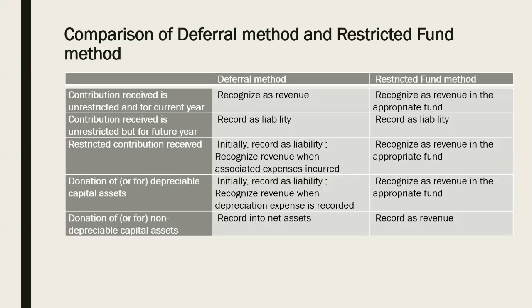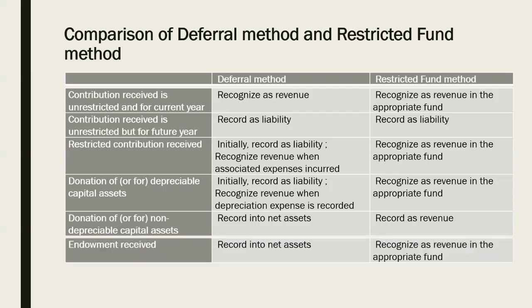For a donation of or for non-depreciable capital assets, because it would not be possible to ever reverse match revenues against expenses since these are non-depreciable, under the deferral method, we will record them as a direct increase to net assets. Under the restricted fund method, we'll record as revenue in the appropriate fund.